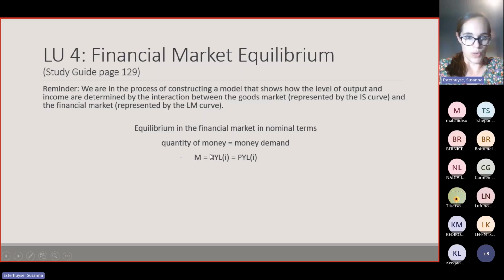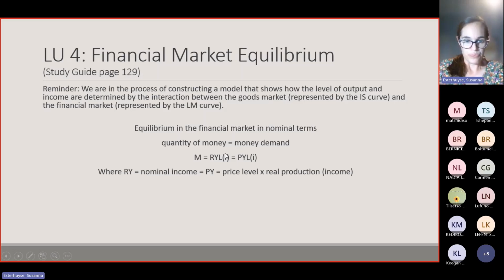So the quantity of money is a function of your nominal level of output and income and the interest rate. And then you can rewrite this portion, the nominal income, as PY. You're just replacing that because your nominal income equals the price level times your production.